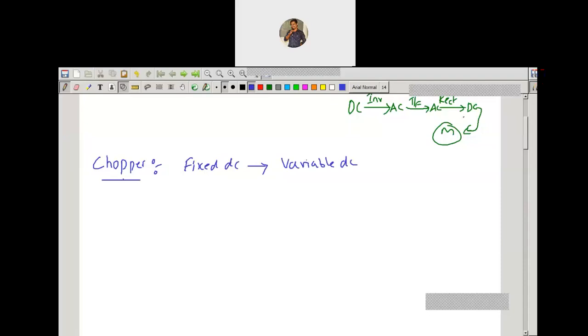Now, if you remember the types of choppers, you may have different types. If it is based on the level of voltage, you are going to have the step up chopper and the step down chopper. Otherwise, if we classify based on the quadrant operation, we're going to have five types of choppers.